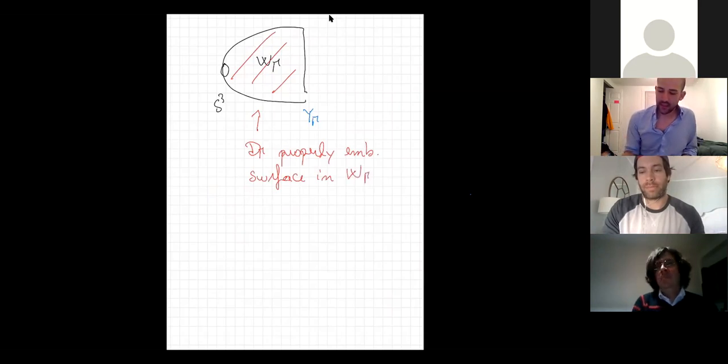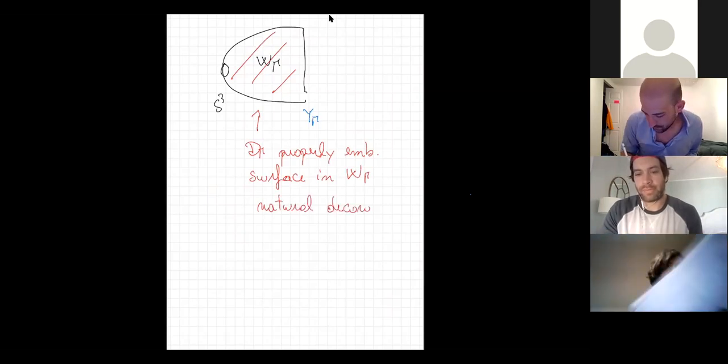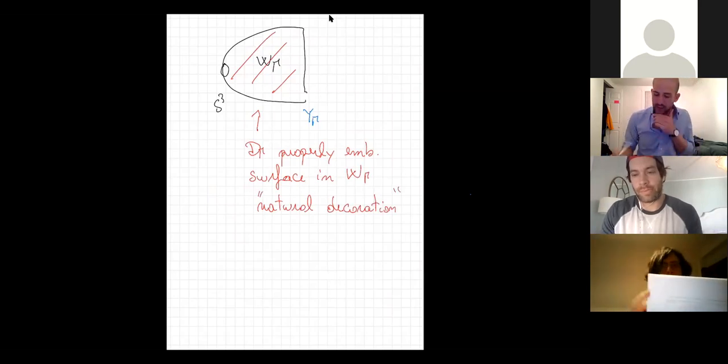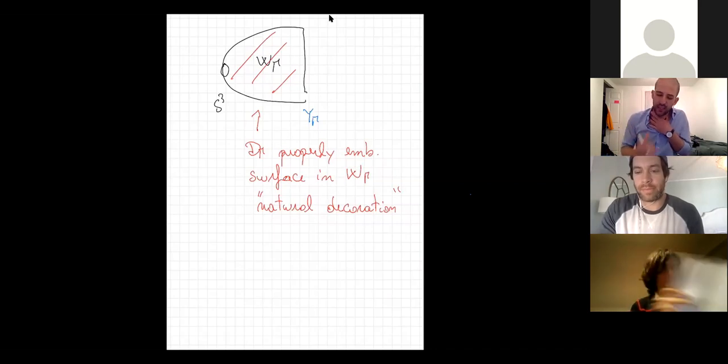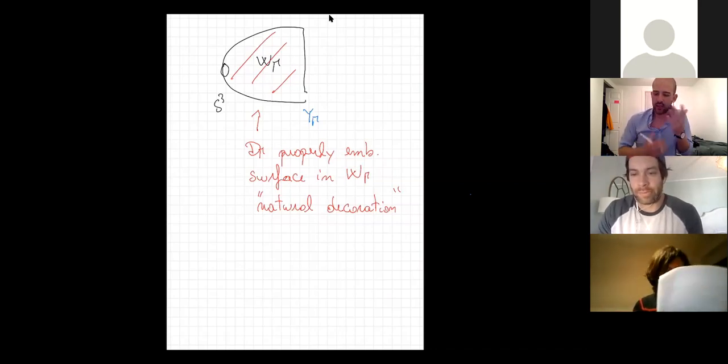That is what I call the natural decoration. I'm not going to describe this surface explicitly, but this is a key choice: if you make this choice wrongly, you get all sorts of problems with signs and so on. So this is a big technical detail I'm omitting here.